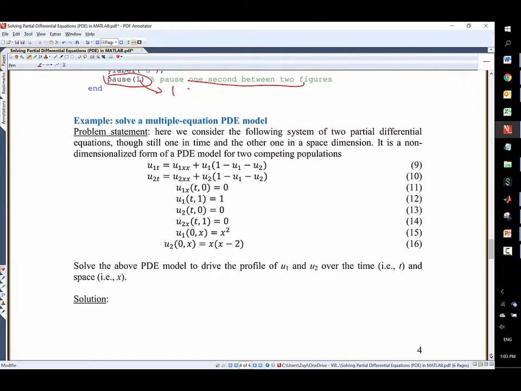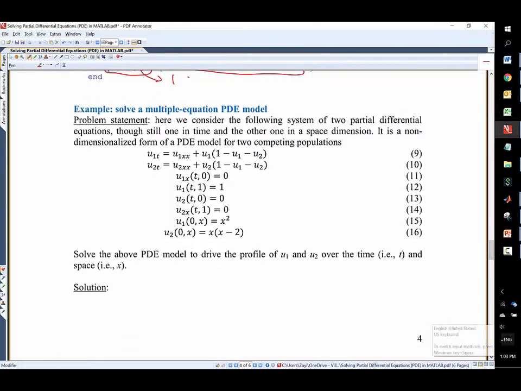Now let's move to the second example. That we had 2 equations here. So this equation 1, equation 2, right? And also these are the boundary conditions here.